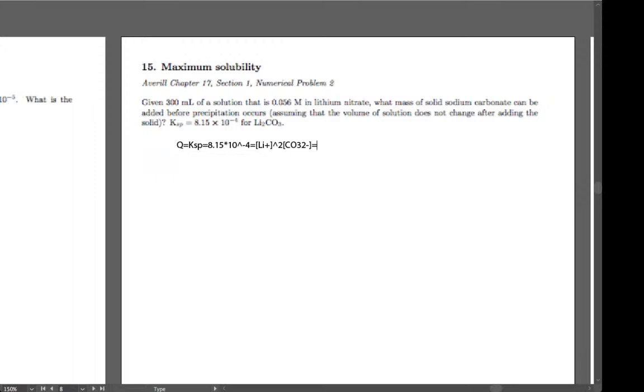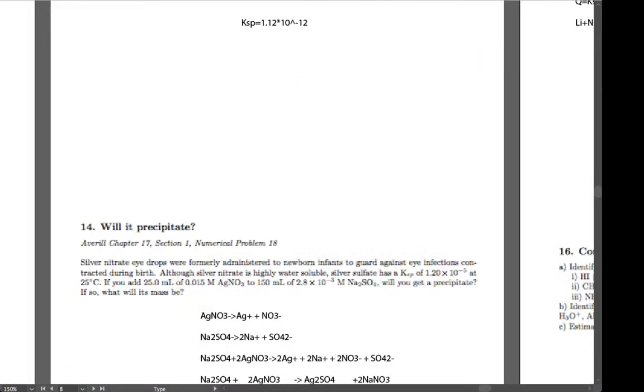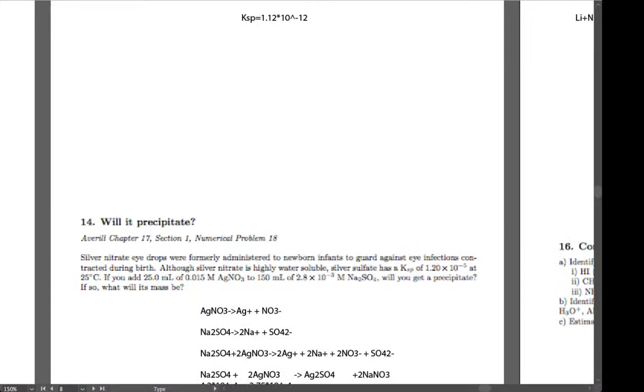That would be the lithium carbonate. Okay, so first thing first, we know that lithium nitrate, wait, sorry, is nitrate NO2? Let me just check just in case. I believe it's NO3, which it is. Okay, good.